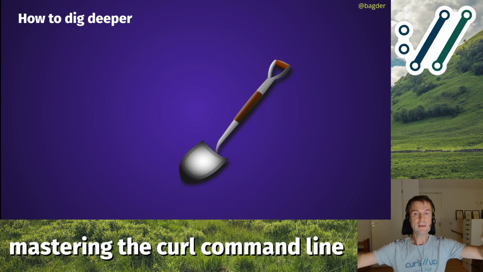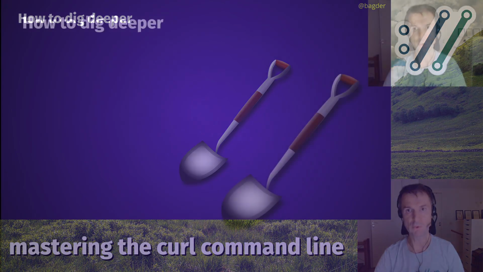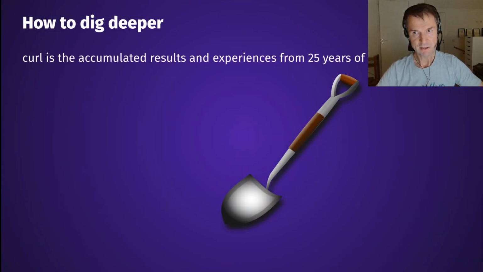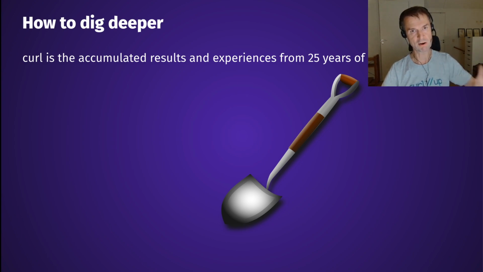The future. First, let me remind you how you get deeper into this. cURL is everything accumulated from a lot of time, a lot of experiments, a lot of testing, and a lot of user reports.